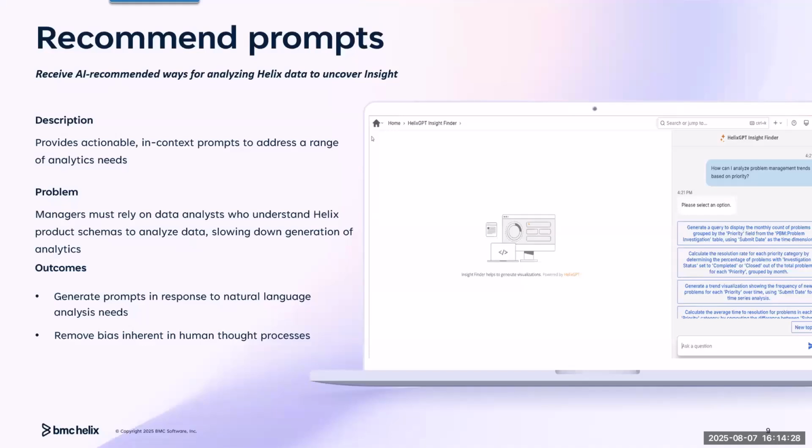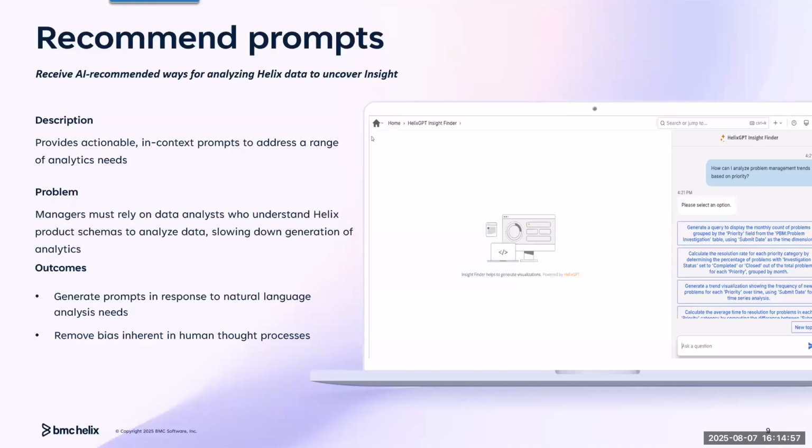One advantage of doing this is that humans often have a bias in favor of analyzing data a certain way, and it's practically impossible to remove our own biases. For example, some analysts may have a preference for analyzing data just in a certain way, just by business service or a technical service. But Insight Finder doesn't have those biases.